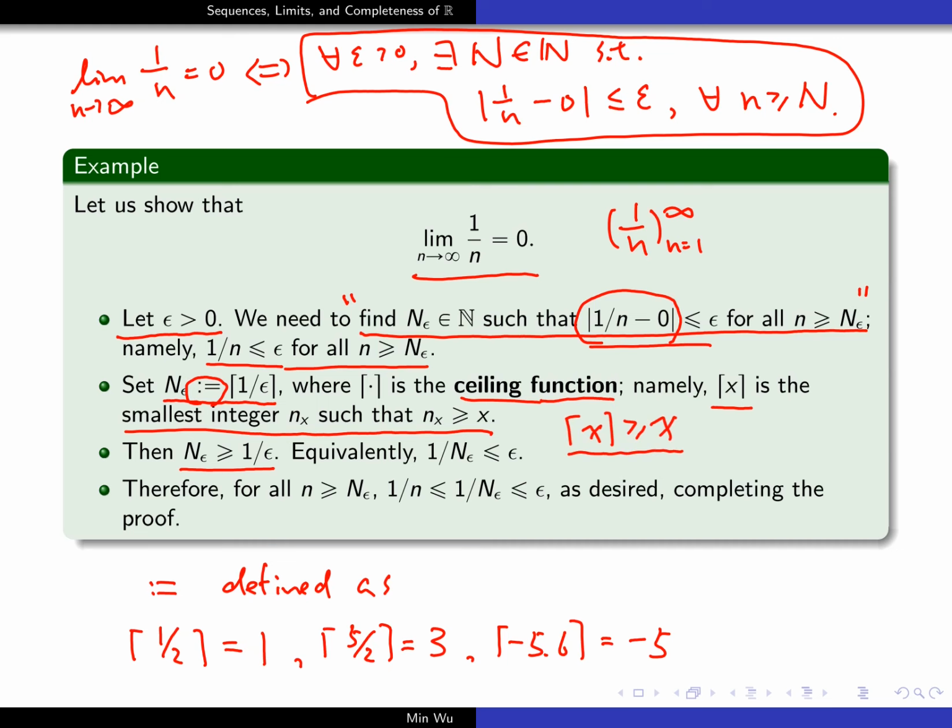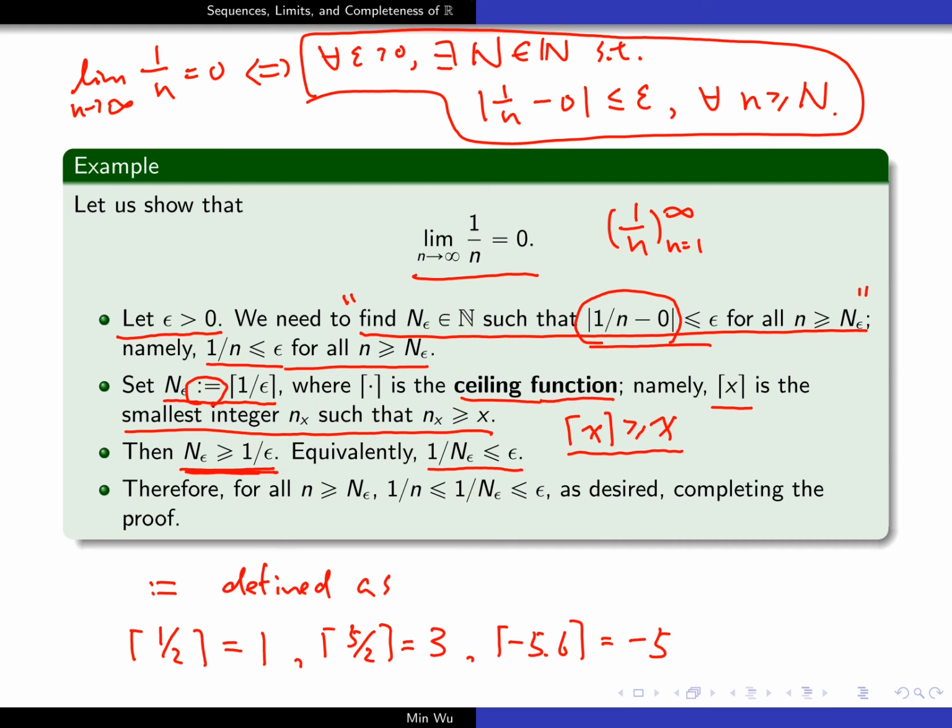This is always true by definition. So because we set N epsilon equal to the ceiling function of 1 over epsilon, we must have N epsilon greater than or equal to 1 over epsilon, which is this inequality. Or we can take the reciprocal on both sides so that we get 1 over N epsilon less than or equal to epsilon here. So what is the benefit of this?